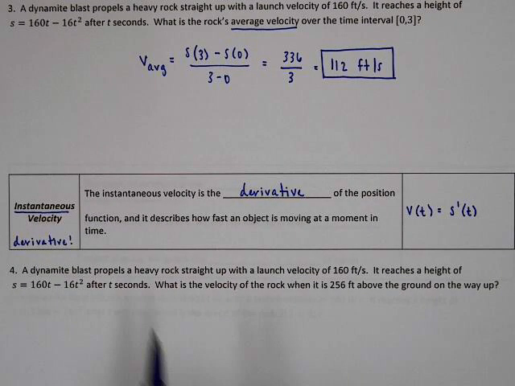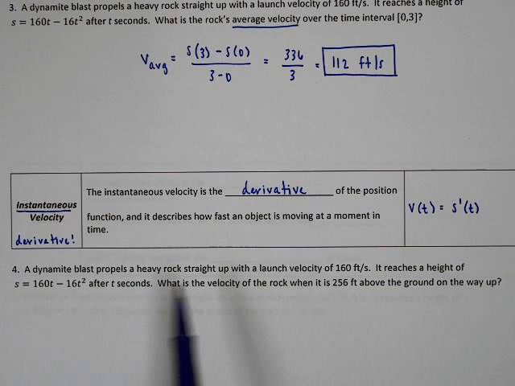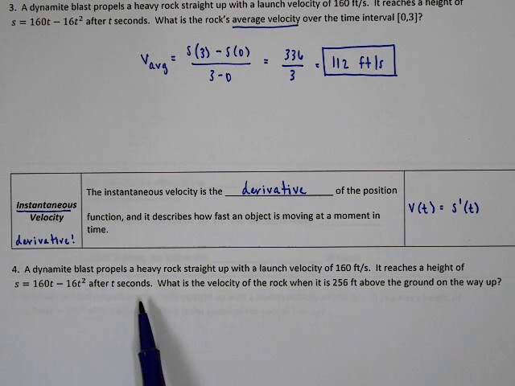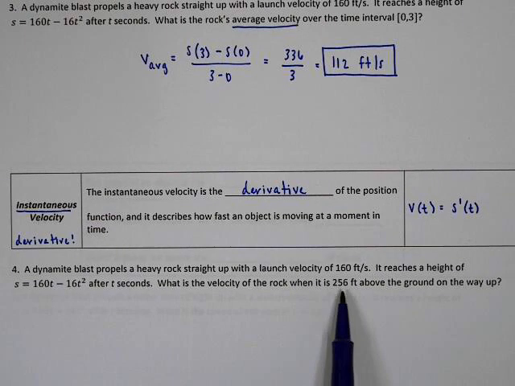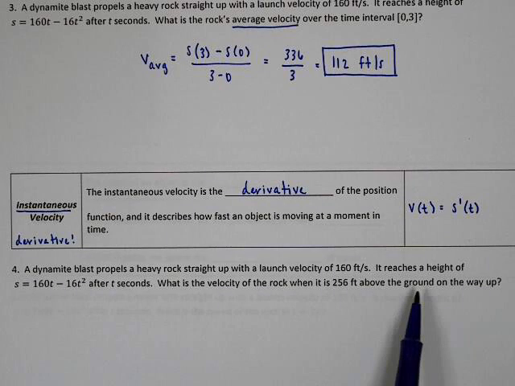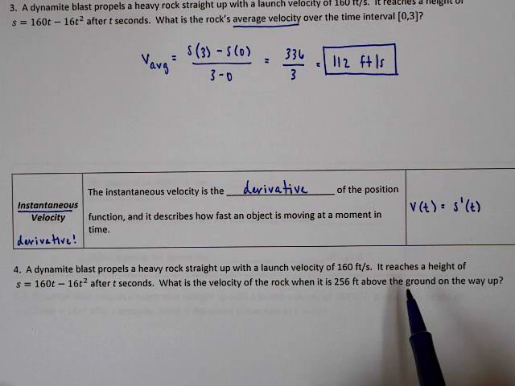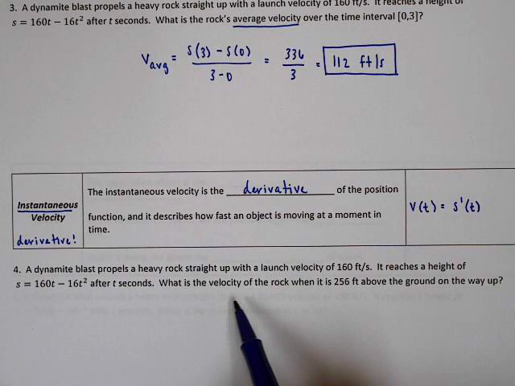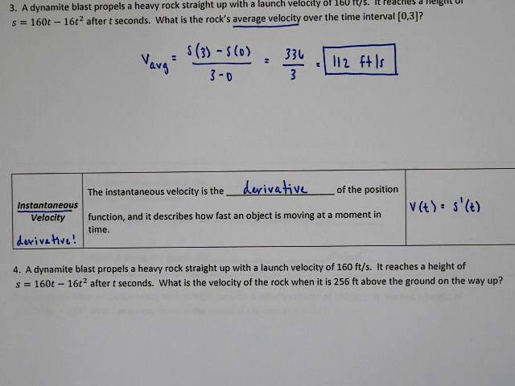All right, so now, again, same scenario. We have our position function. So the question says, what is the velocity of the rock when it is 256 feet above the ground on the way up? So we actually have a little bit of work to do here. If I'm going to find the velocity at a given time, first I have to figure out when the rock is 256 feet above the ground on the way up.